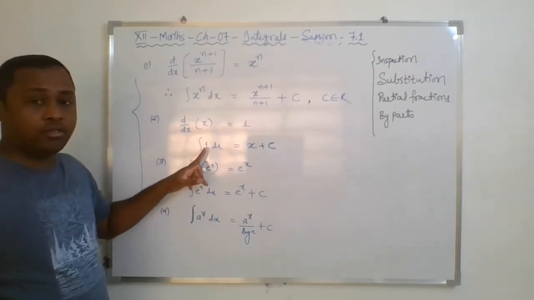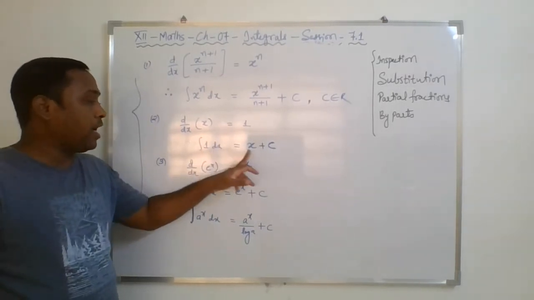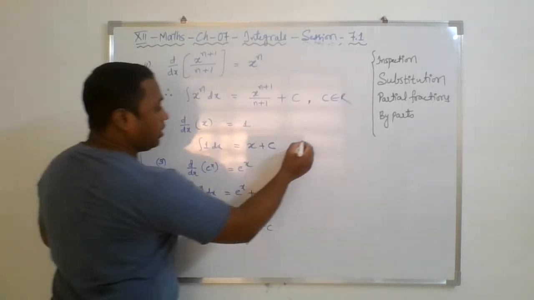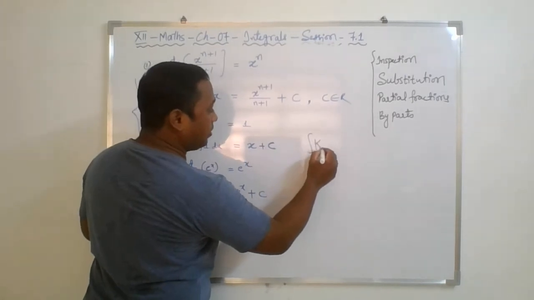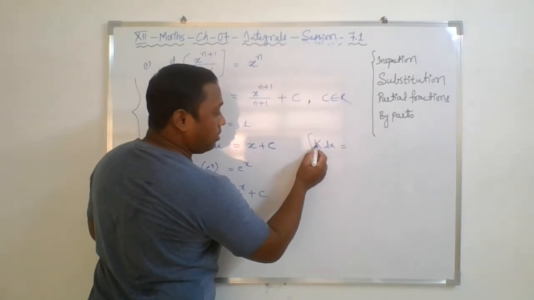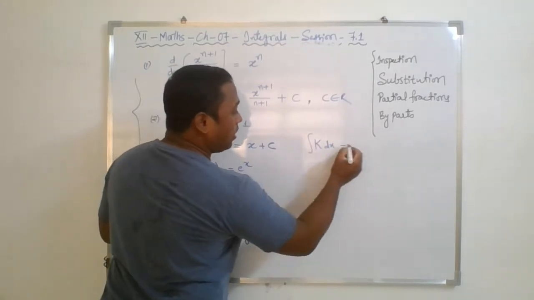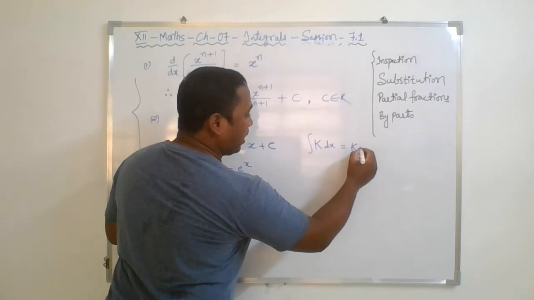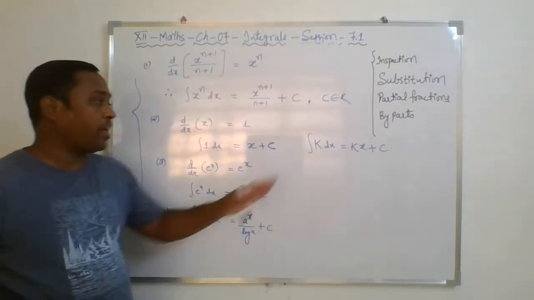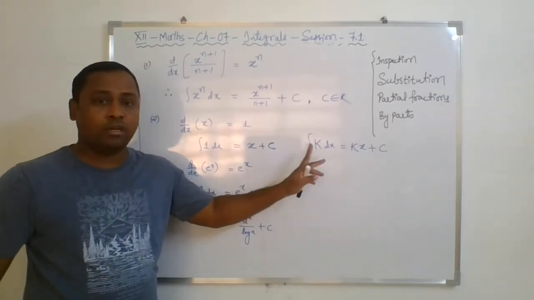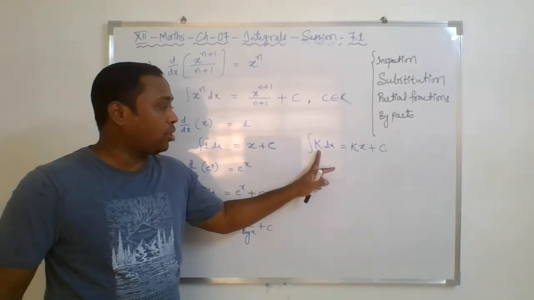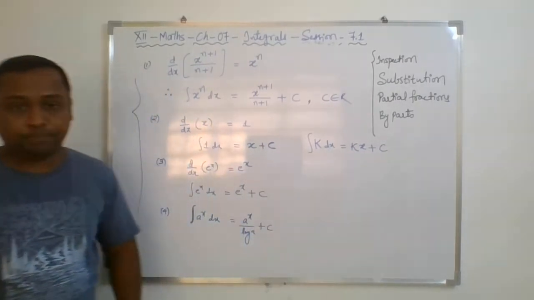Integration of any constant, let us say 1. So the integration of 1 will be x. If instead of 1, let us say the integration of k, where k is any constant, then the answer would be kx plus c, because k can be taken outside of the integral, and the coefficient 1 remains. The integration of 1 will be x, hence the integration of k will be kx plus c.